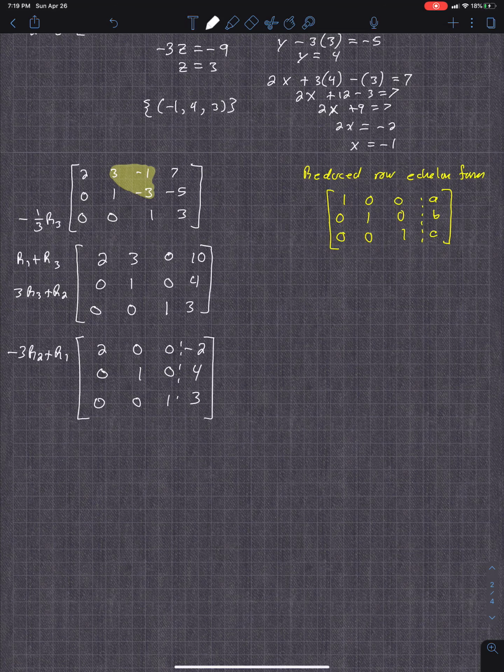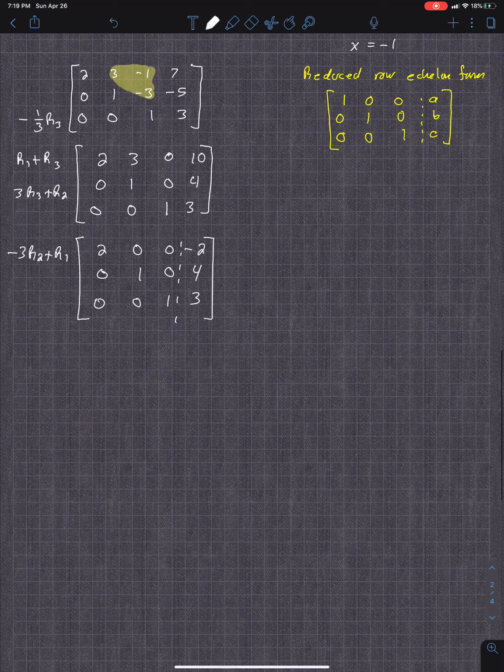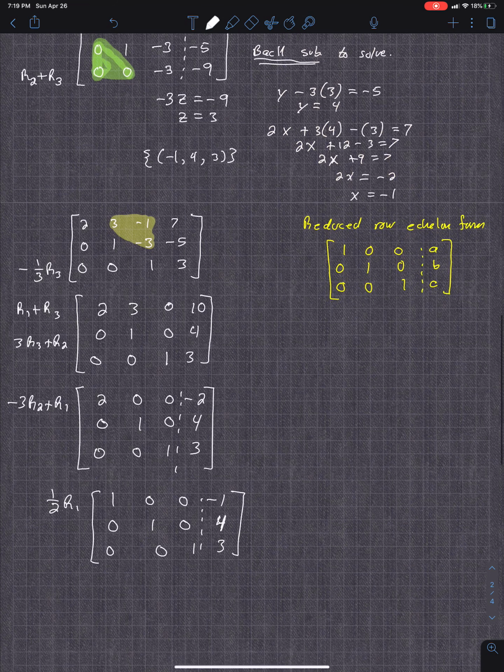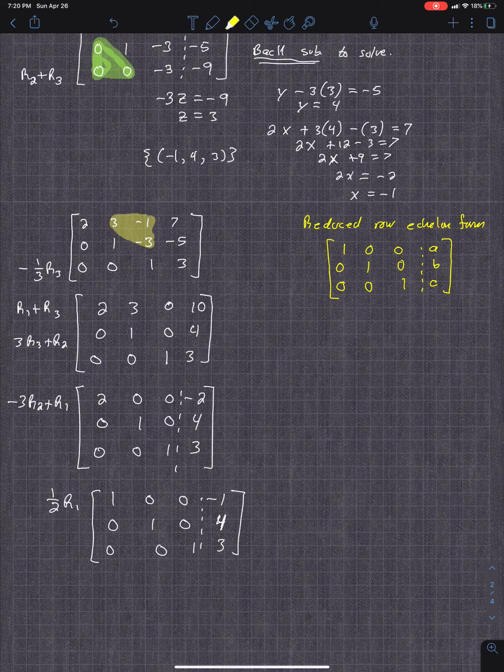And then look at your solution. Well, it's almost done. And then your last step is you multiply by that half. So you just do 1/2 row 1, and you get 1, 0, 0, -1, 0, 1, 0, 4, and 0, 0, 1, 3. Like that. And look at your solution. Okay, so your solution, as we did above, is sitting right there.